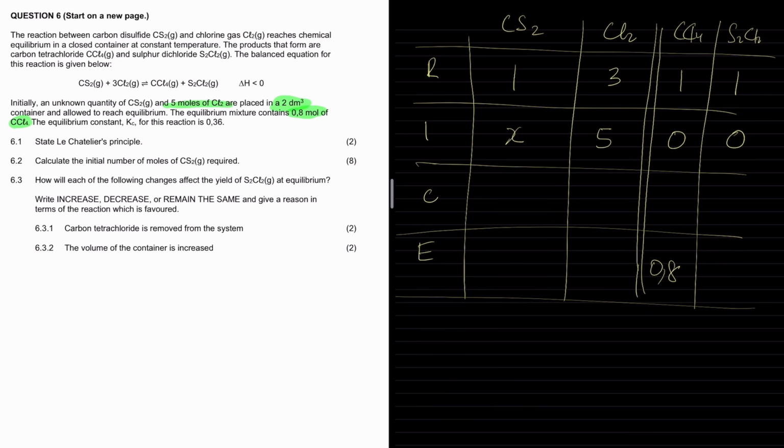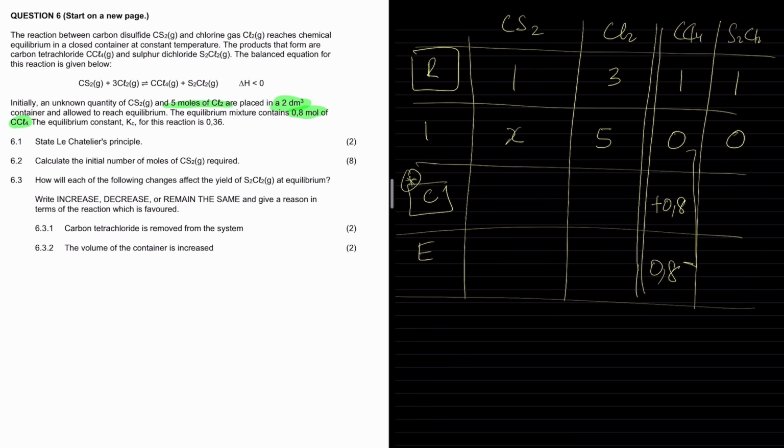Now, the row that has C in it, this one, is I think the most important row. It's the row that represents the change. So how much did this change by? So it increased by 0.8. And now this row, the C row and the ratio row, they go together.